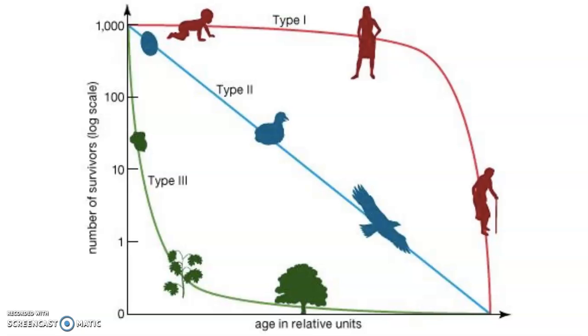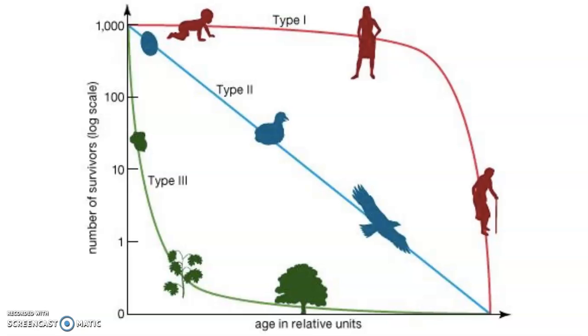Right? So here we can see our different types. Okay, in the red we see a human baby growing into an adult woman, and then as we start to decline, that is the older part of our generation. In the middle is our type 2, and that's pretty much just even. You have equal die-off between babies, adolescents, and adults.